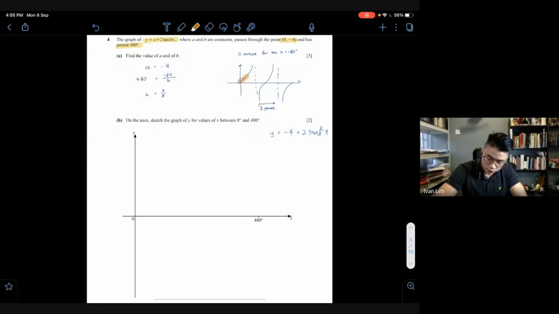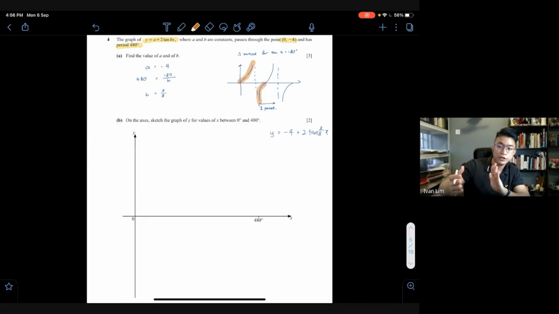okay, you see, this part here is from 0 to 90 degrees. So if they say 480 degrees, it means it's like this only ma. Okay, it's half of it only. It's half the graph. Everyone understand this concept?